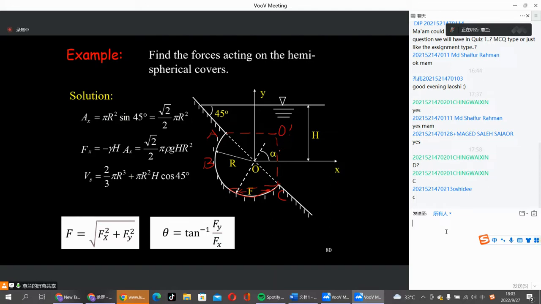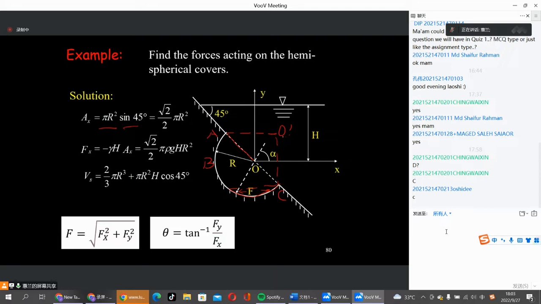For O prime C, you need to find its pressure at the centroid and then multiply by the area. Here it's very important to find the vertical projection area. The area AC equals pi r squared, and the vertical projection area equals pi r squared times sine 45 degrees.